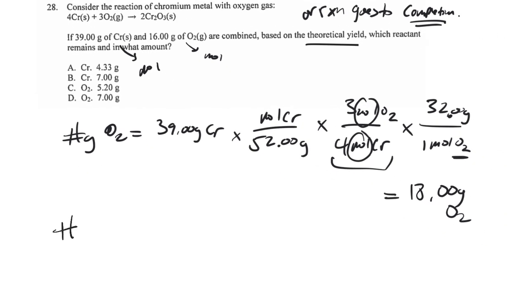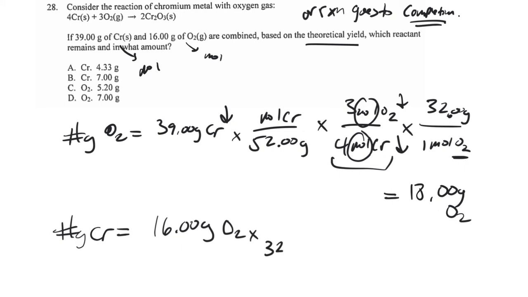Okay, so we gotta run through this problem again, just figuring out how much chromium is needed to react with all of the oxygen. So remember, one of the key steps here is the chromium is reacting. So all this chromium is reacting and the oxygen's reacting with it. And so we might think of those steps here when we take our O2, 16.00 grams, 32.00 grams per mole of O2.